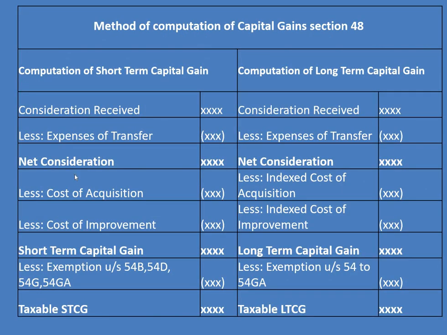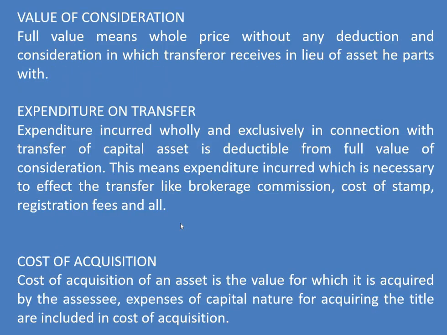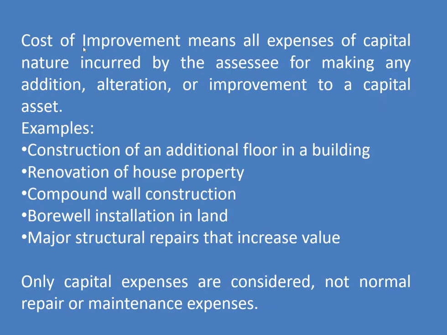What is next? After cost of acquisition, you can see cost of improvement. So now we shall discuss what is cost of improvement. Cost of improvement means all the expenses of capital nature, that is very important, incurred by the assessee for making any addition, alteration or improvement to the capital asset. What do you mean by addition, alteration or improvement? One example is construction of an additional floor in a building.